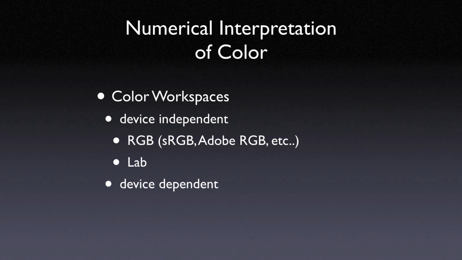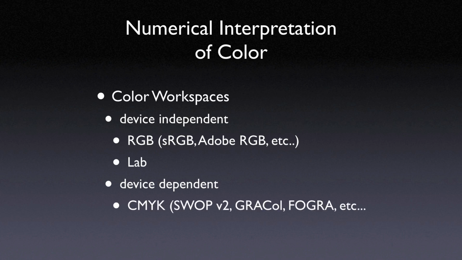The device dependent workspace is CMYK, all but forgotten by photographers these days, but still valuable. You'll see choices like SWOP v2, GRACoL, FOGRA, etc. Usually a dizzying number of incomprehensible acronyms followed by numbers. Photographers rarely need to edit images in CMYK, so we're not going to spend too much time on that.